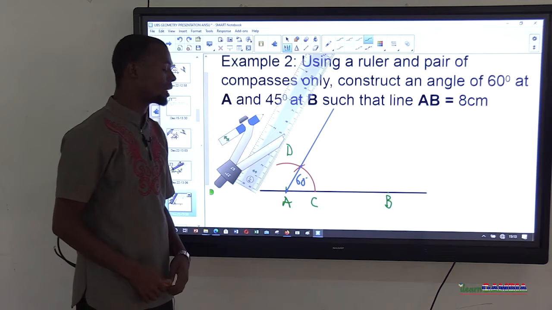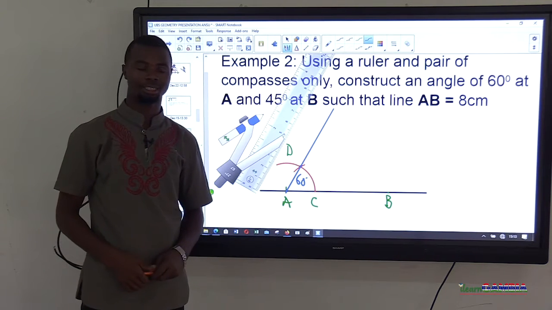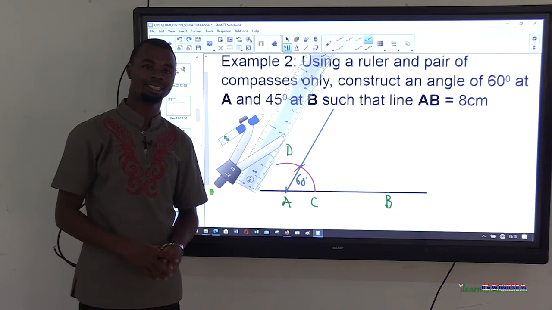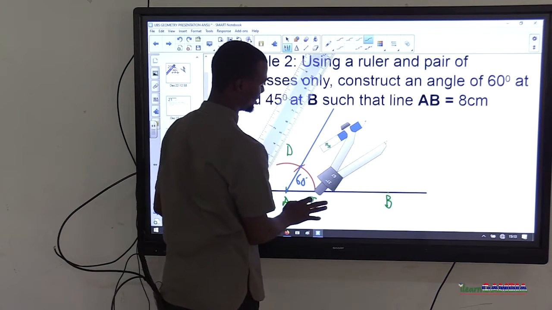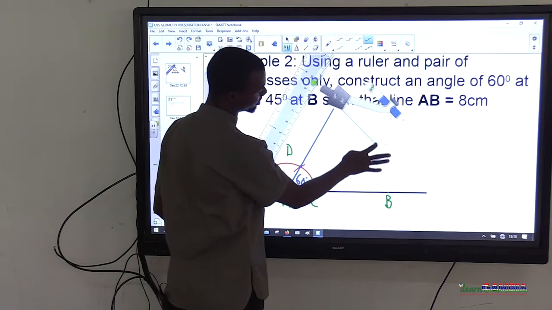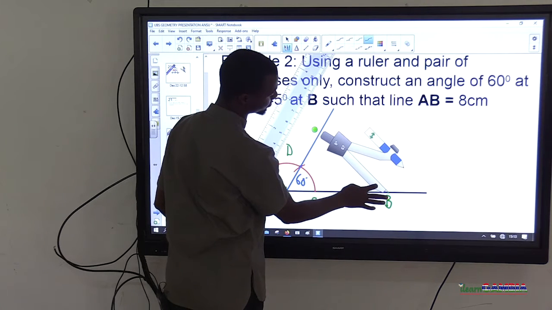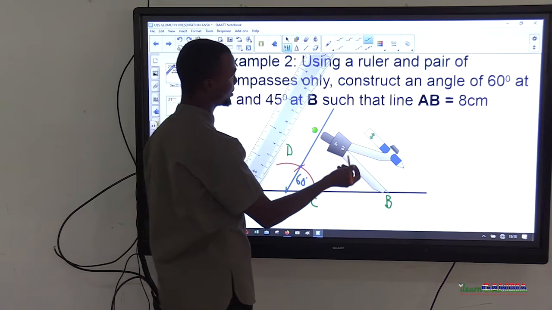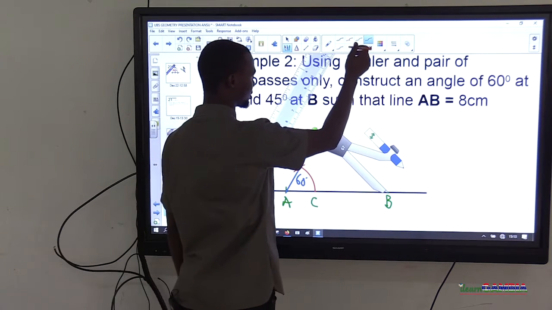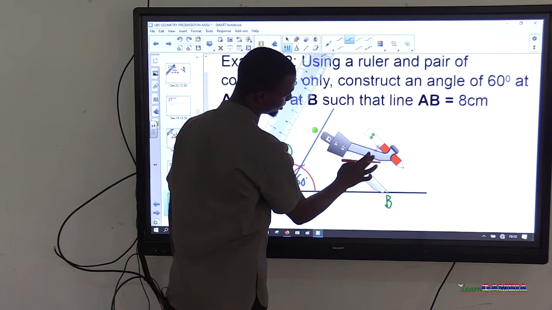Now we go to B and construct 45 degrees. To construct 45 degrees, we have to construct 90 and bisect the 90 to get the 45 degrees. We go to B. We construct 90. Any of the three ways you learn, you can use. Just construct 90, that's the objective.